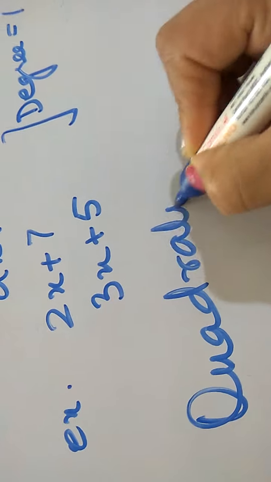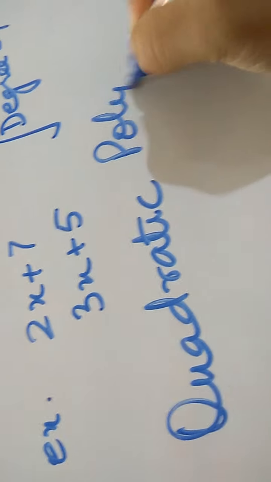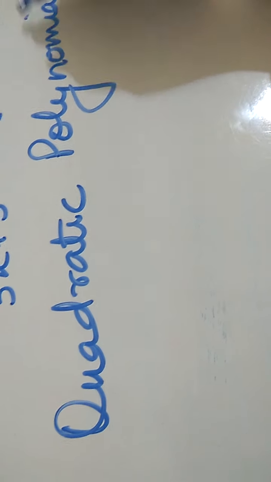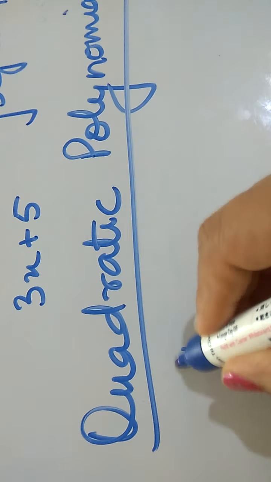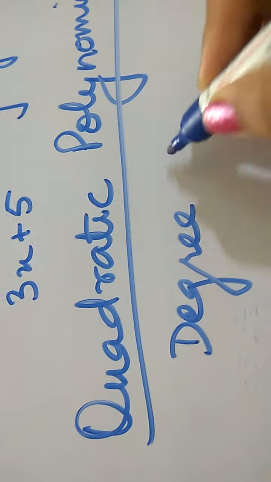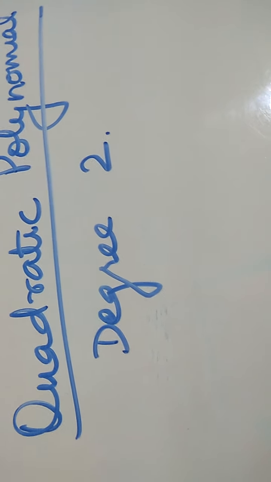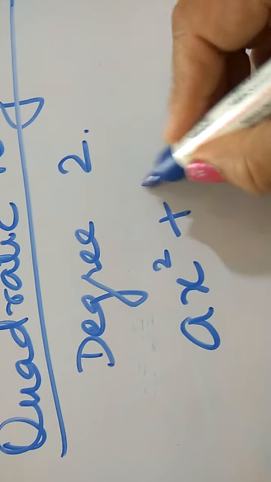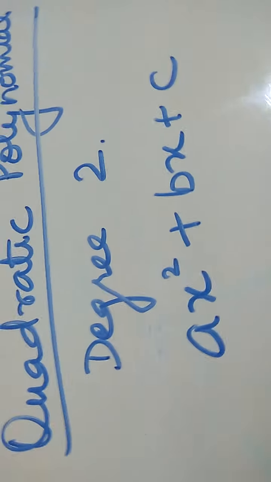Now what's a quadratic polynomial? When the degree of polynomial is 2, then that polynomial is called a quadratic polynomial. The general form of such a polynomial is ax square plus bx plus c.